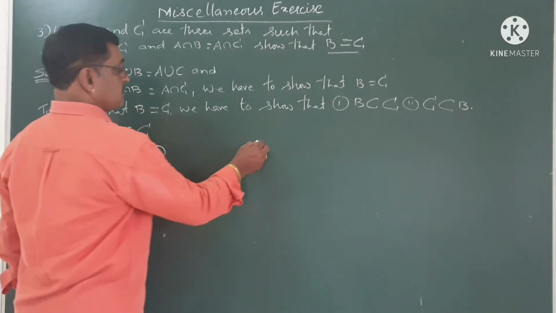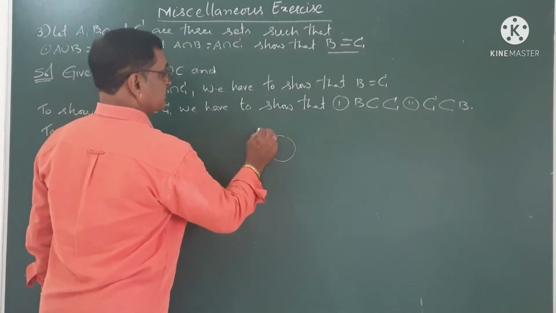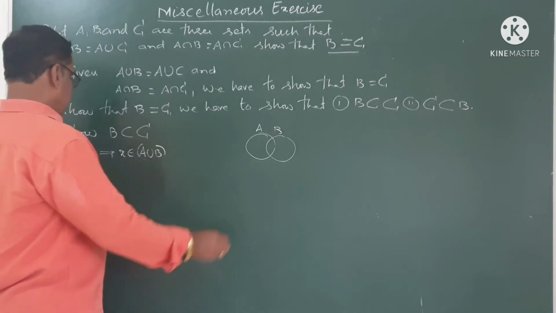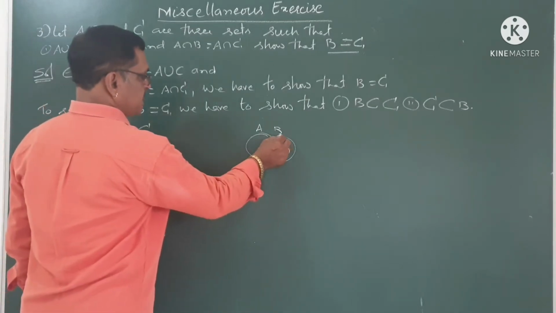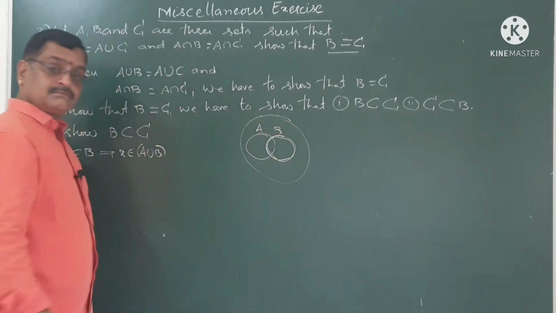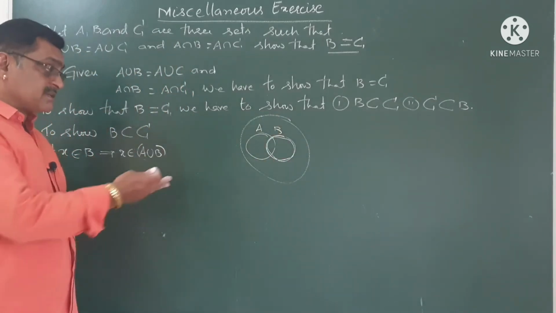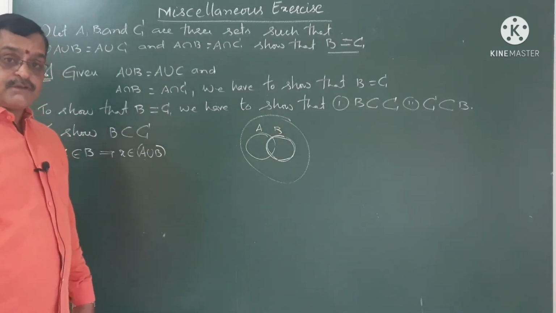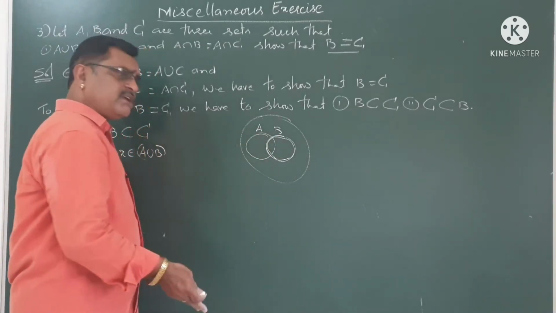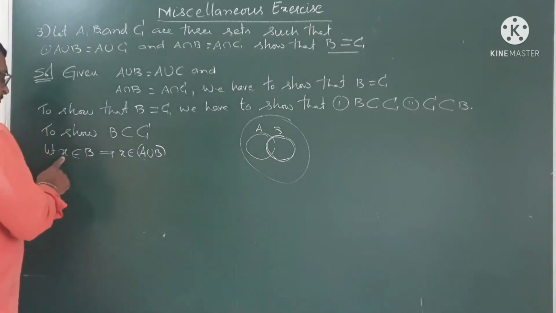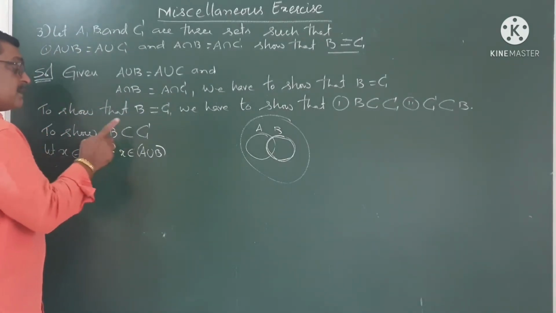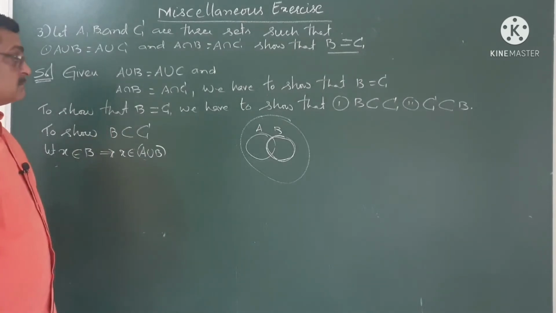I will explain. Here this is A and this is B. If you observe carefully, my B is subset of this. Therefore, either x belongs to B or x belongs to A, then x belongs to A union B. So I can write whenever x belongs to B implies x belongs to A union B.